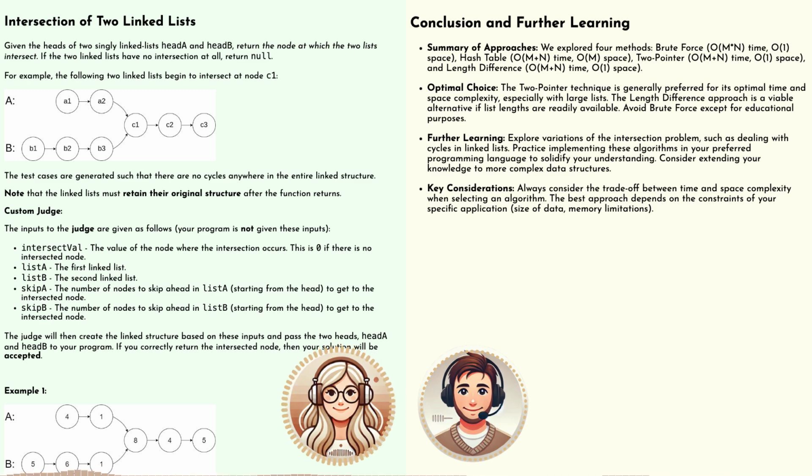Oh, absolutely. Like that pre-processing step in the length difference approach. That's a powerful idea. And that comes up all over computer science. That's a great point. So it's not just about linked lists, it's about bigger problem-solving ideas. Yeah. And the two-pointer technique is a really good one to understand well. Really powerful stuff. Comes up all the time.